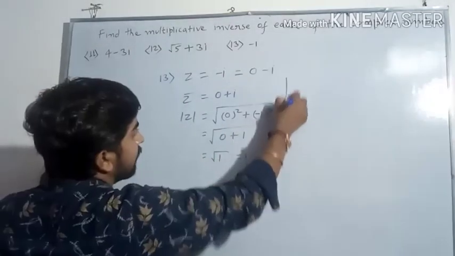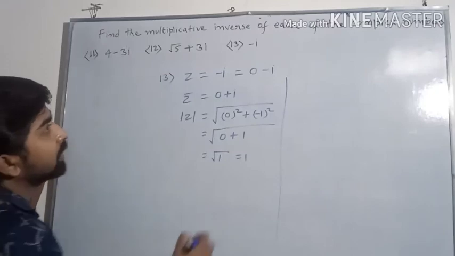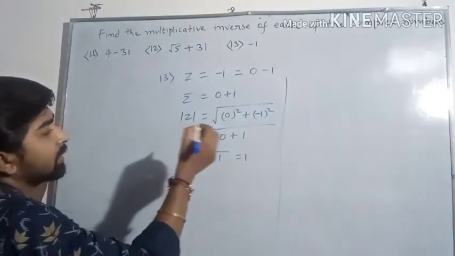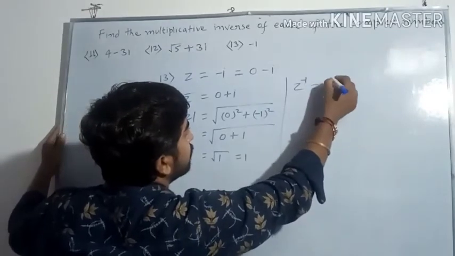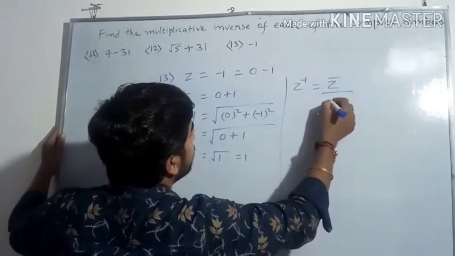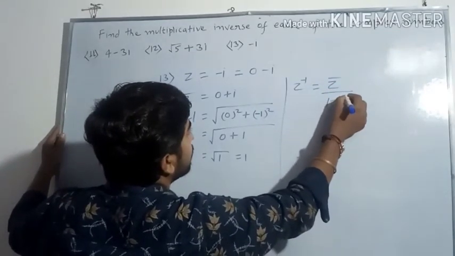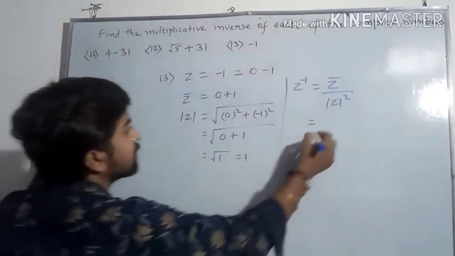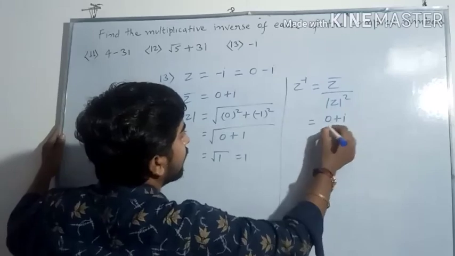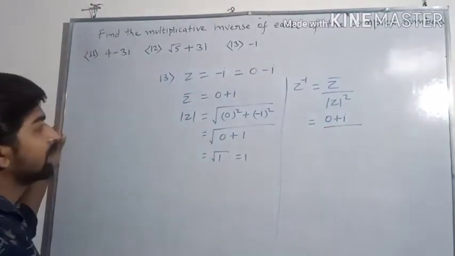Now the multiplicative inverse of complex number z equals minus i: z inverse equals the conjugate of z upon the square of the modulus of z. Now the conjugate of z equals 0 plus i, and the square of the modulus of z is 1.